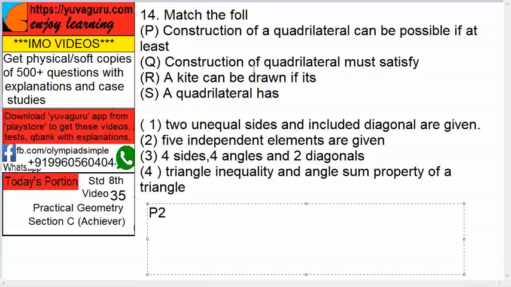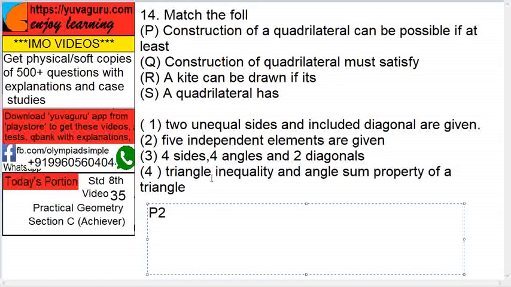Next, construction of a quadrilateral must satisfy. See here. Triangle inequality and angle sum property of a triangle. We have done it in our video number 32, I think so. Yes, in this chapter only. Check that there was a problem in which the sides were not matching, means the sum of the two sides was less than the third side.